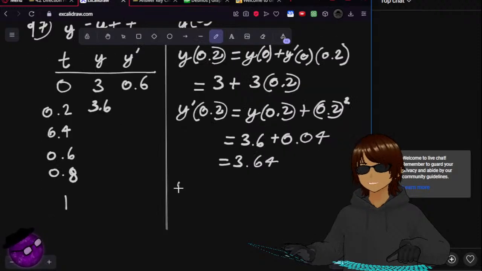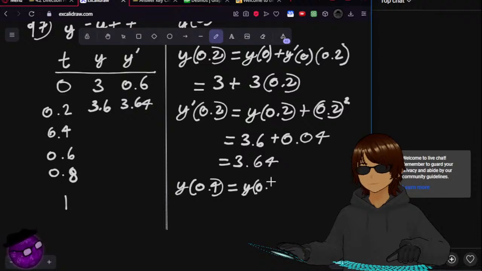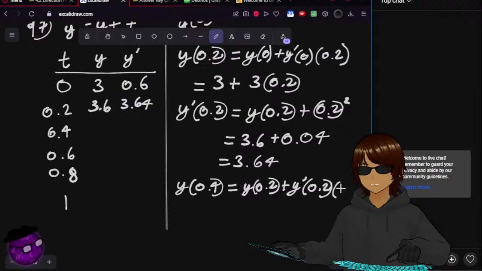I hope I'm correct. And then y at 0.4 is equal to the previous one plus the jump. The step size is 0.2.